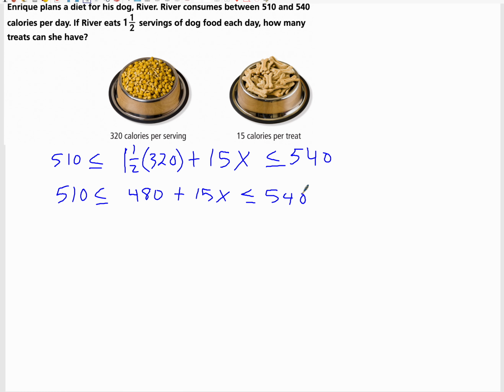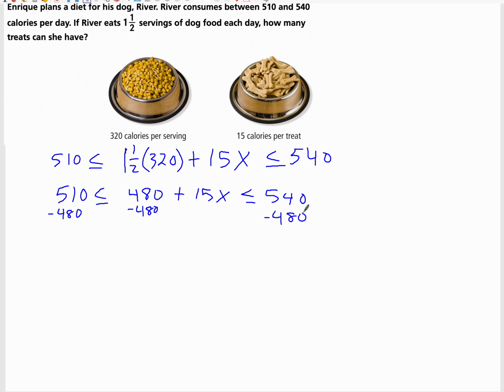Now, I can work both sides at once. Okay, I can subtract 480 from here, which means I need to subtract 480 from here, but I also need to subtract it from here. Does that make sense? I don't want to confuse you guys, but I'm just doing all the steps at once.